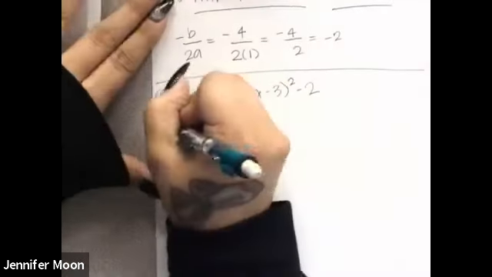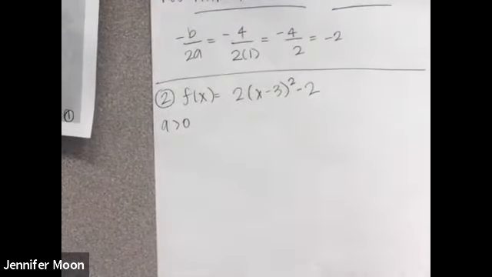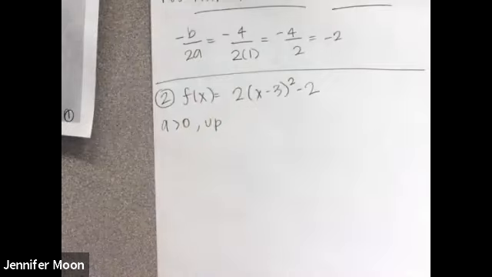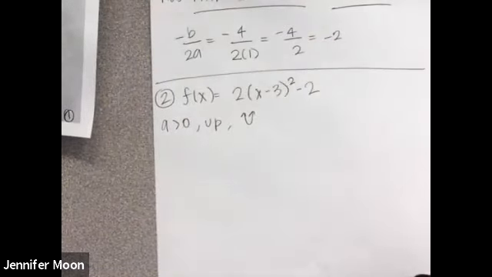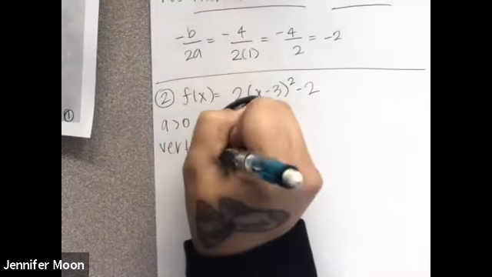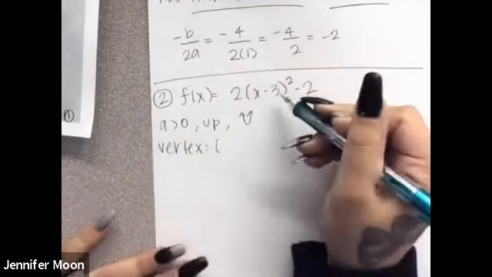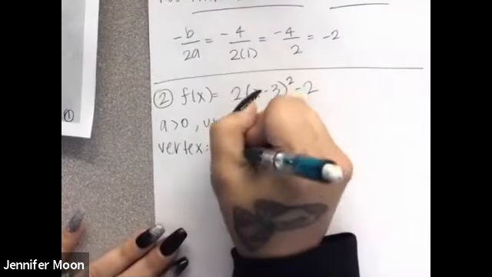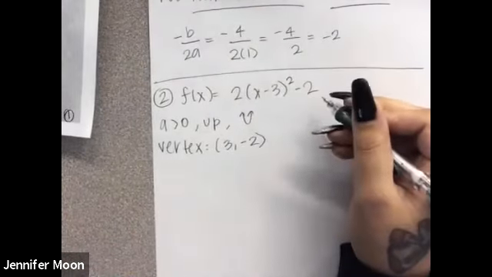Okay, so opens up is going to be determined on my leading coefficient, my a, which is greater than 0, which means it opens up, which means my parabola is going to look like this. My vertex, because this is in standard form, is great. All I have to do is find my h and my k, and remember that my h is going to be the opposite value of what you see in your actual function. Because it's a negative 3, I get a positive 3. My k is just what I see, which is a negative 2.